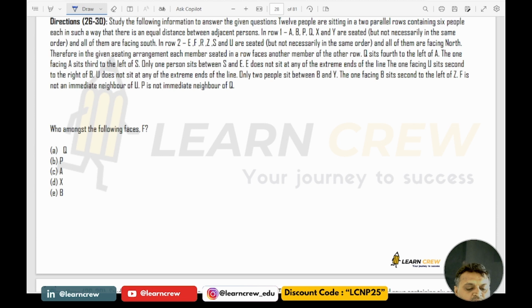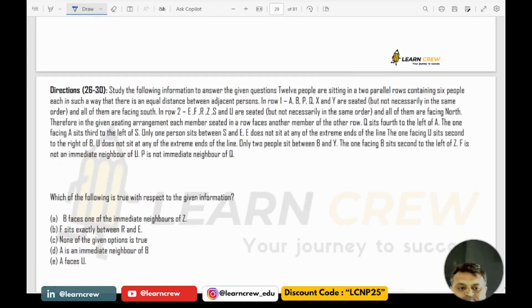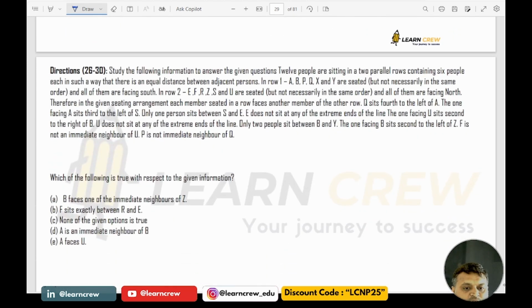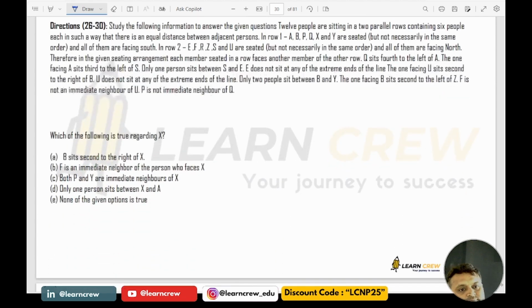Next question. Who among the following faces F? F is facing B. Next. Which of the following is true with respect to the given information? A faces U is correct. Option E. Which of the following is true regarding X?